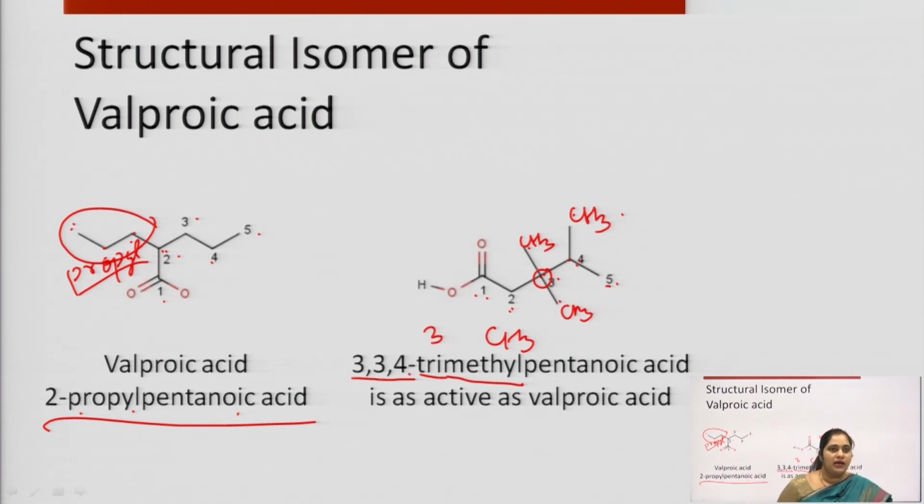So, as the name suggests, it is 3,3,4 trimethyl pentanoic acid, and that is almost equally active as valproic acid.